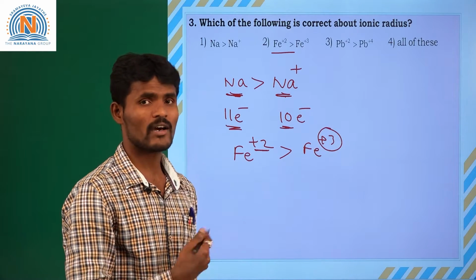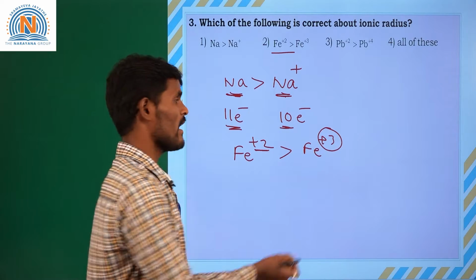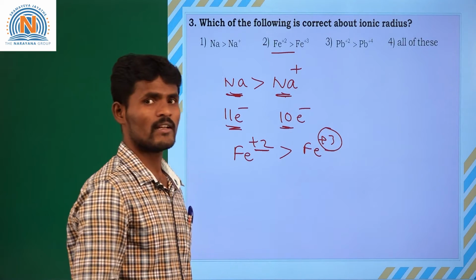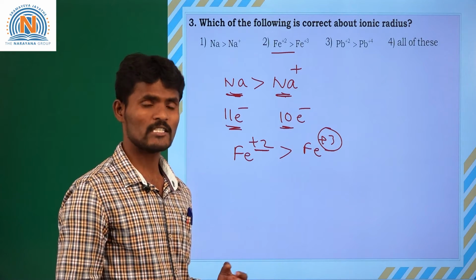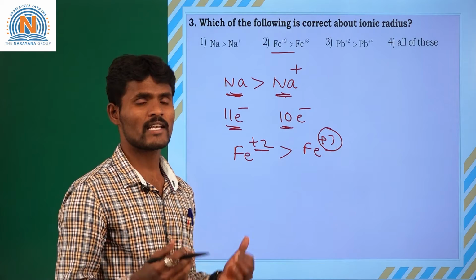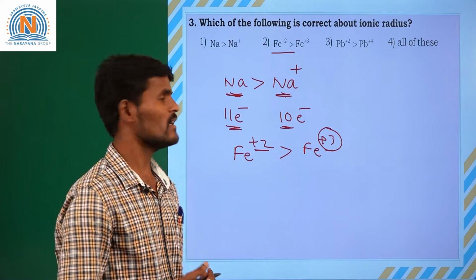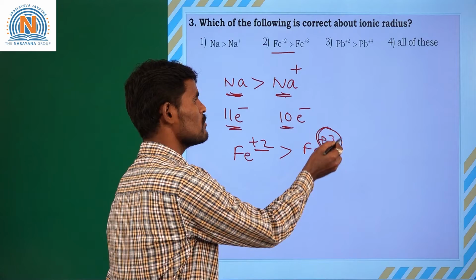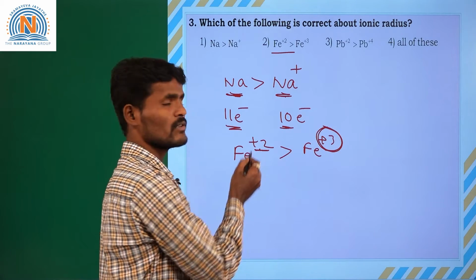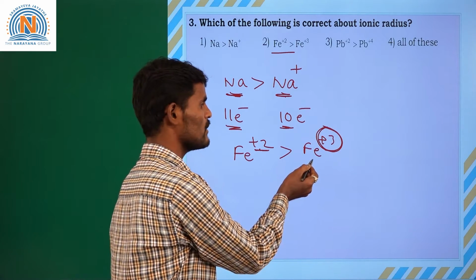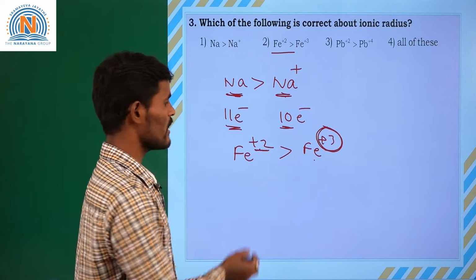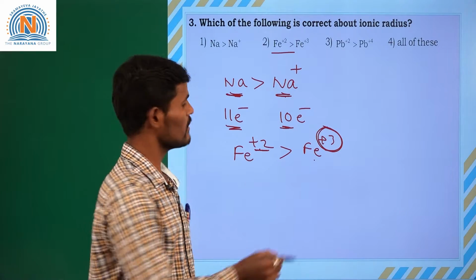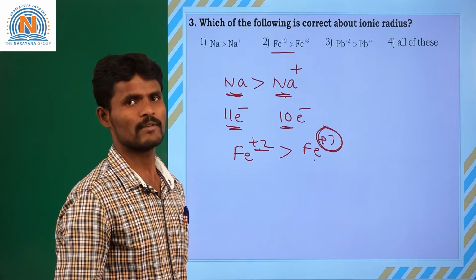As the positive charge increases, the nuclear power of attraction is more on the valence electrons, then the size will decrease gradually. In this, the nuclear power of attraction is more, in this less when compared to Fe plus 3. So the radius of Fe plus 2 is more than the radius of Fe plus 3.